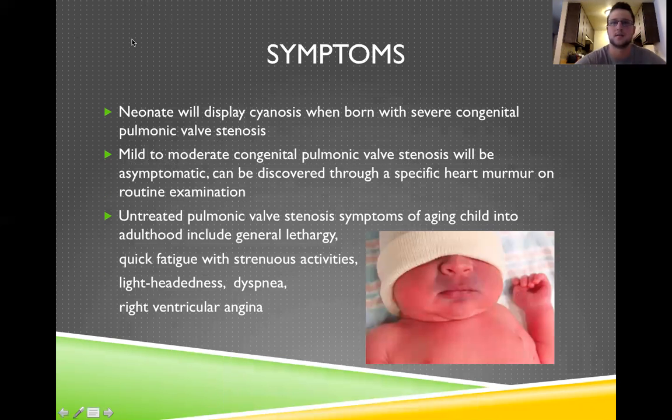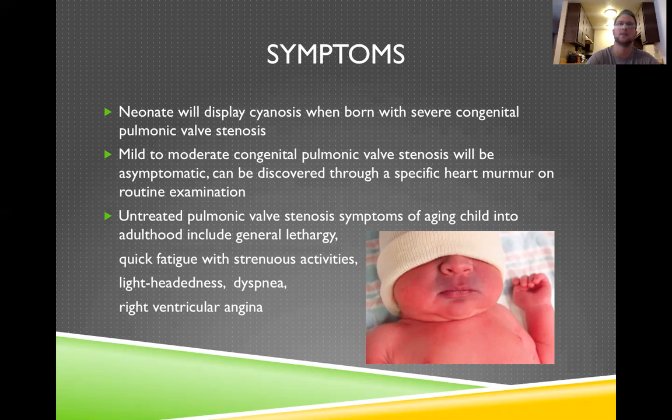The symptoms I was talking about that you'll notice right away are that neonates with really severe congenital pulmonary valve stenosis, you're going to immediately notice that they have cyanosis, and you'll see it mainly in their face, very prevalent. It could go everywhere, but mainly in the face and around the lips. And as stated, if it's mild to moderate, it would normally take a little while to get noticed, and it's normally noticed by a heart murmur.